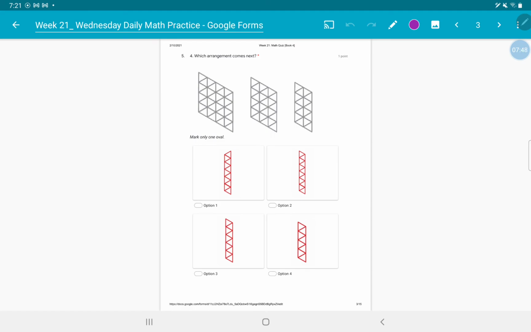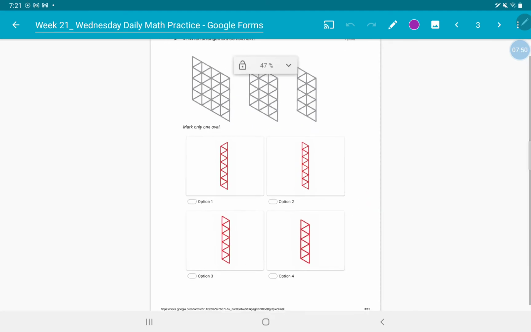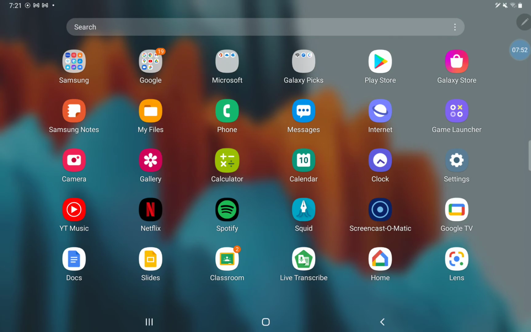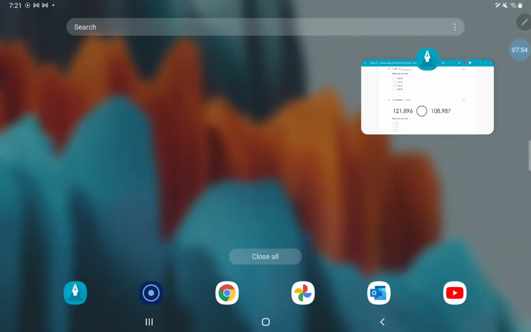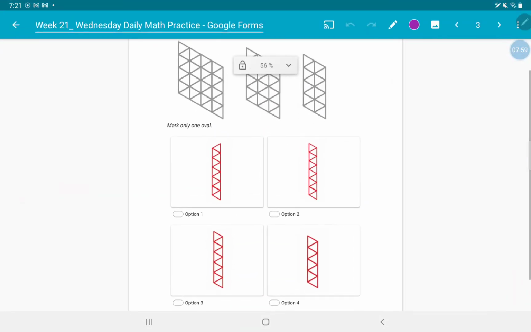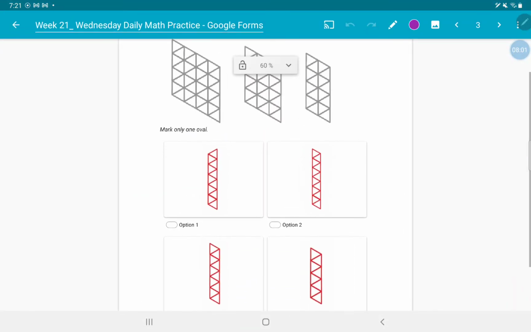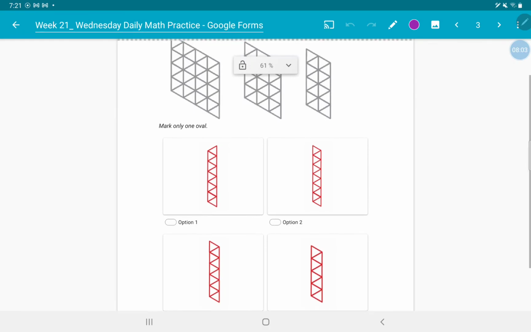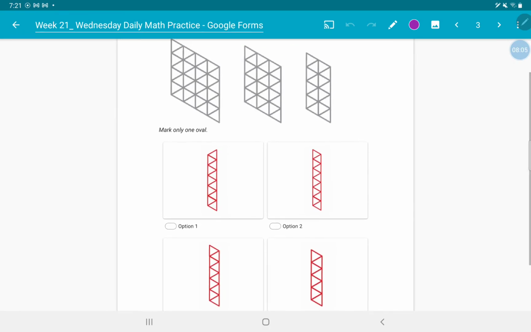All right, next we're looking to see which arrangement comes next. Let me make this a little bit bigger so that we can see it a little bit better. All right.